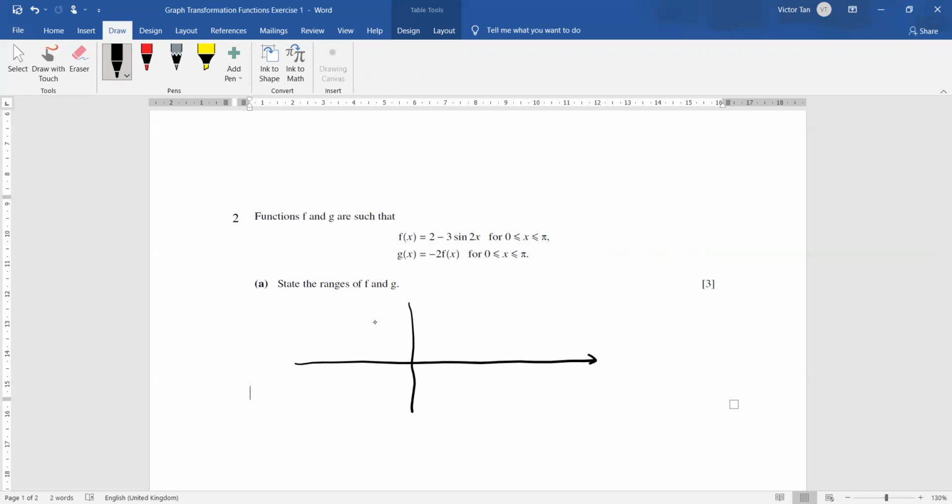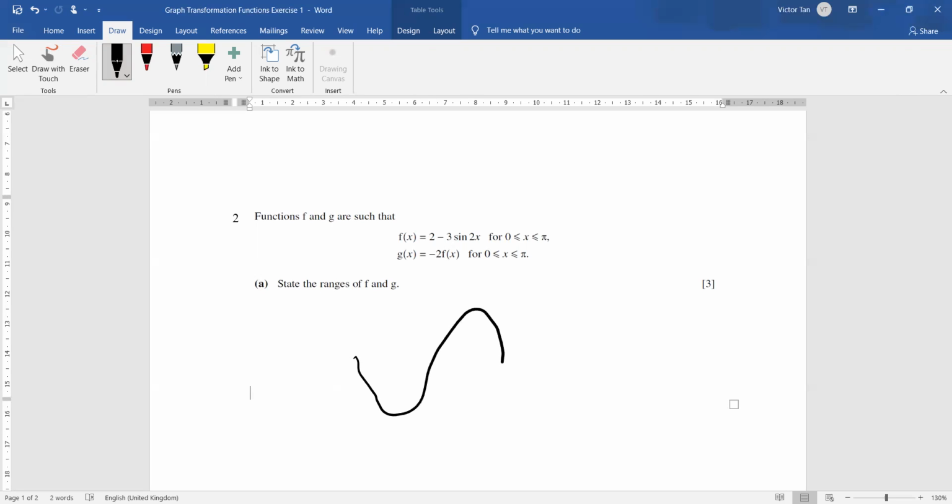So basically, I will first sketch the shape of the graph. The shape is a reflection on the x-axis, so it will be going down first and then going up, coming back down.